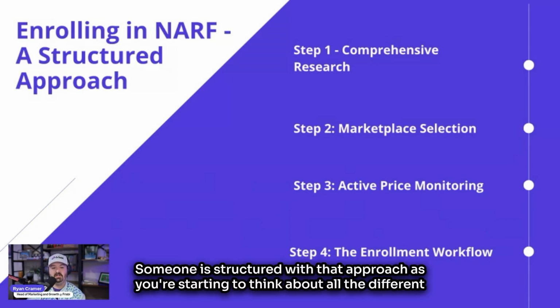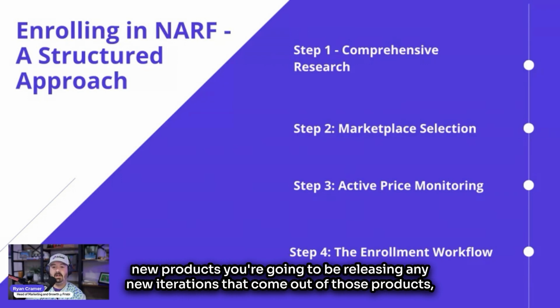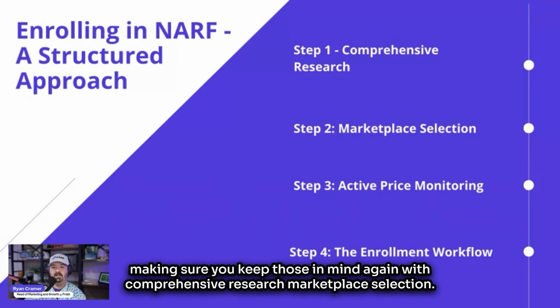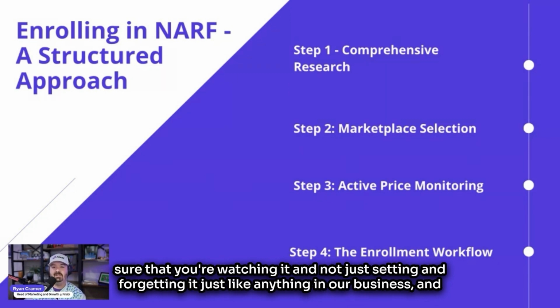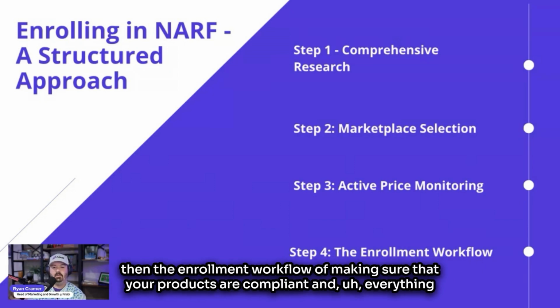So when it's structured with that approach, as you're starting to think about all the different new products you're going to be releasing, and any new iterations that come out of those products, make sure you keep those in mind, again with comprehensive research, marketplace selection. Do I want to do Canada, or Mexico, or both? Active price monitoring, again, making sure that you're watching it and not just setting and forgetting it, just like anything in our business. And then the enrollment workflow, making sure that your products are compliant and everything fits.